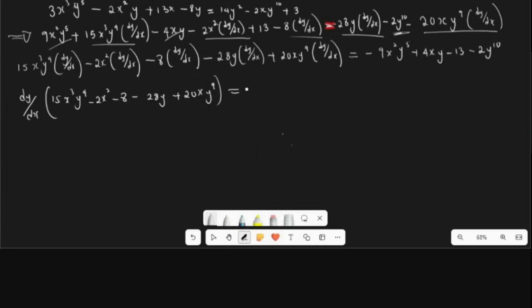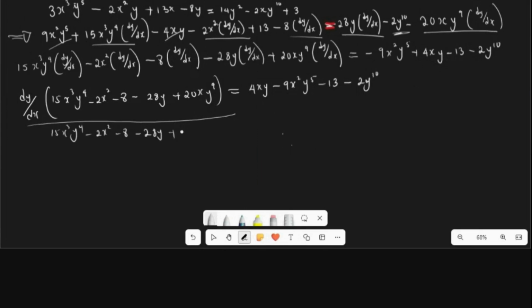So we can have 4xy minus 9x squared y to the power of 5 minus 13 minus 2y to the power of 10. So what do we do next? Divide both sides by 15x cubed y to the power of 4 minus 2x squared minus 8 minus 28y plus 20xy to the power of 9. Do it on the same side as well.